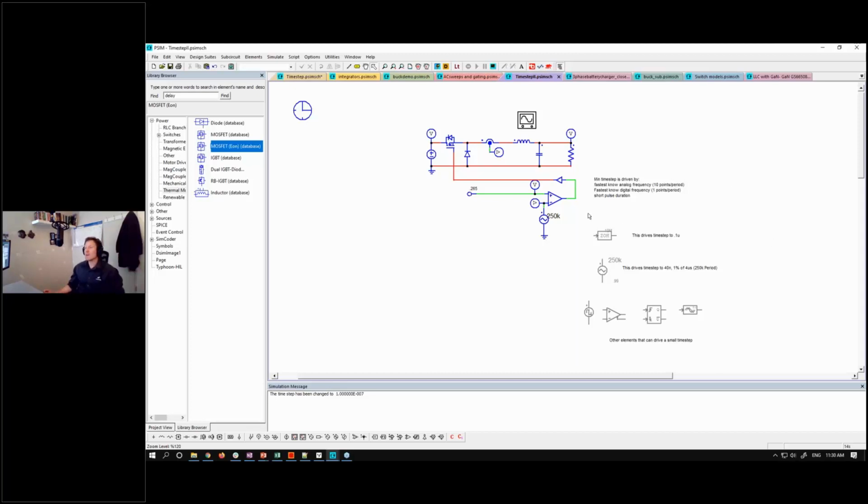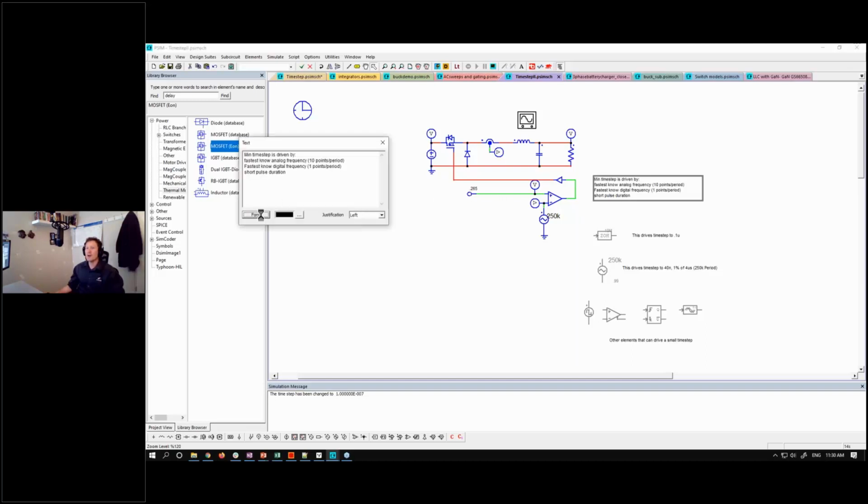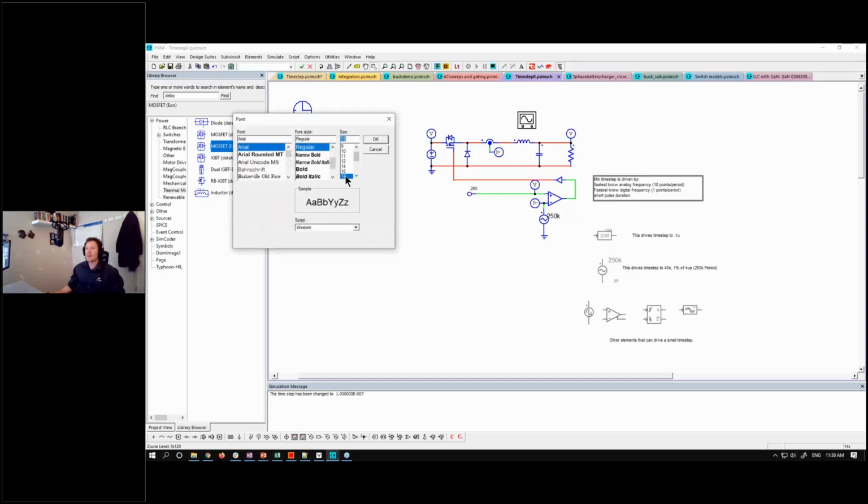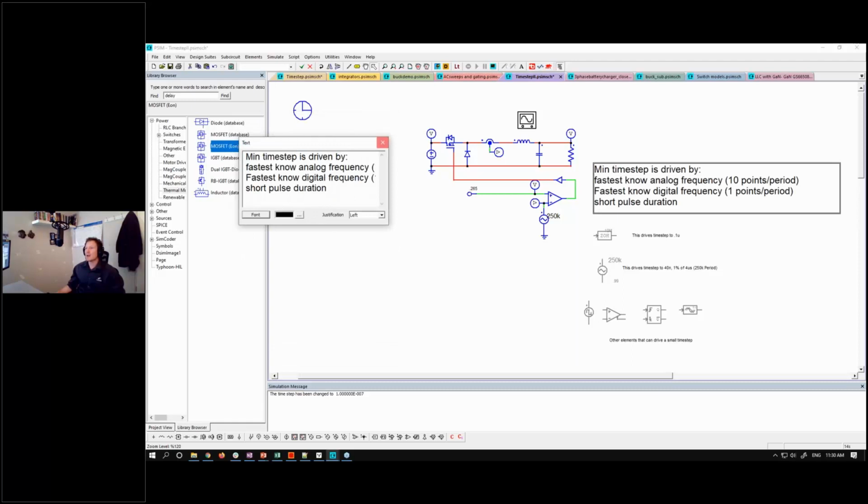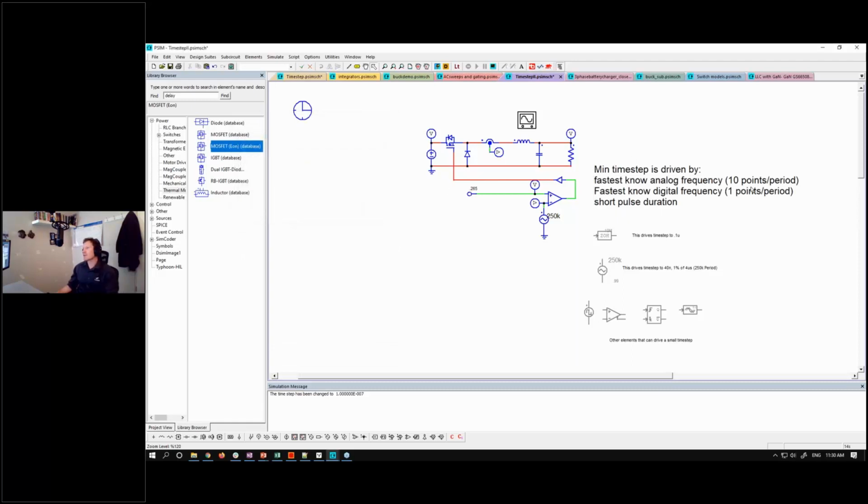So, minimum time step requirements. That's this note right here. The minimum time step is driven by the fastest known analog frequency, which is 10 points per period, the fastest known digital frequency, 1 point per period, or any short pulse duration, whichever is fastest.